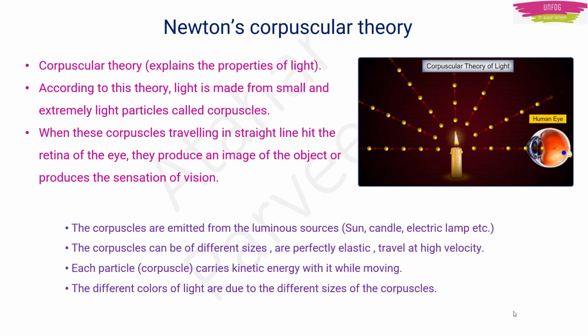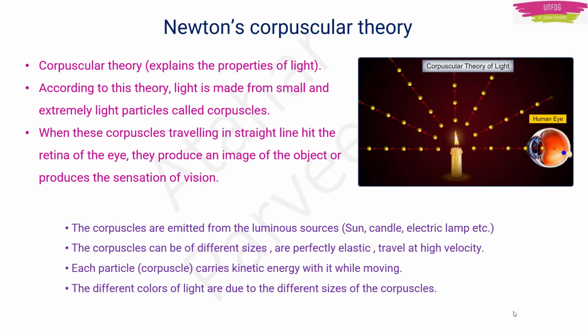These corpuscles can be of different sizes. And the interesting thing is, he told that they are perfectly elastic and they travel at a high velocity. See, he gave indication that these corpuscles travel at a high velocity, but he didn't tell the value. Next, he told that each particle will carry kinetic energy while it is moving.